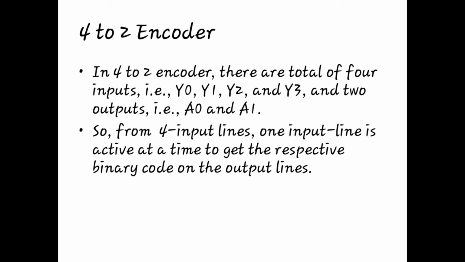Now 4 to 2 means here there will be 4 inputs, let us say they are used here with symbols y0, y1, y2 and y3, and corresponding to these 4 input lines we will have 2 output lines, let us say A0 and A1.